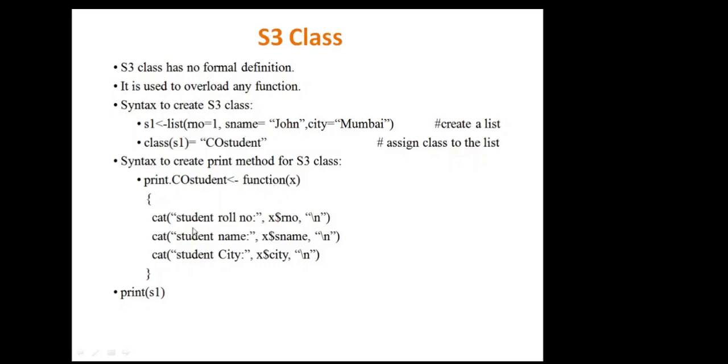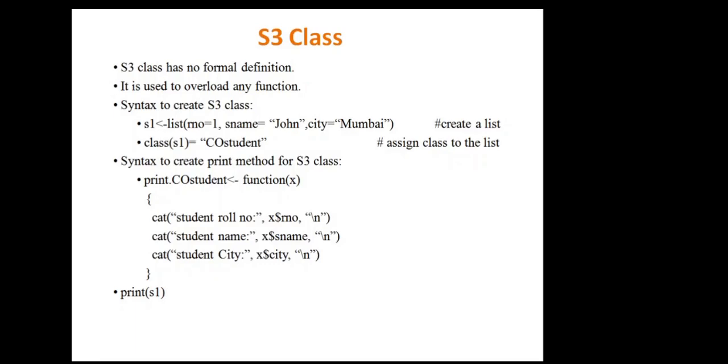Now you can create another list called S2 and assign the CO student class to that S2 list, but in that S2 list you can have a different number of attributes than S1. Like I have created an S2 list consisting of the attributes roll number and name only. Okay, and then I can assign the CO student class to that S2 list.